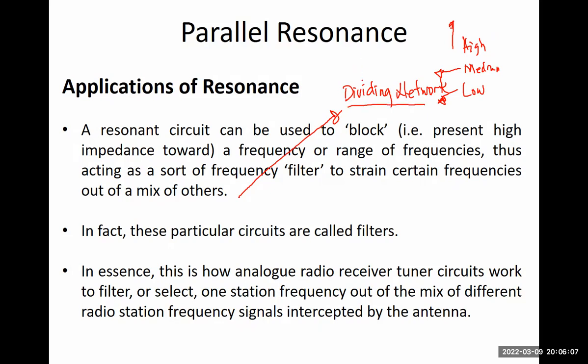This is the very old term, yung dividing network. So the other term for a dividing network is crossover. Whether it is a passive crossover or an active crossover. Okay?